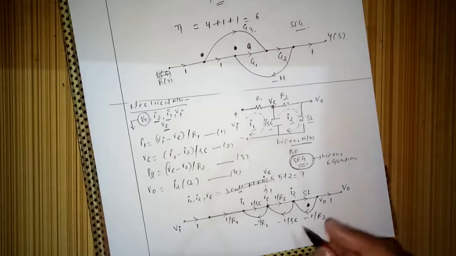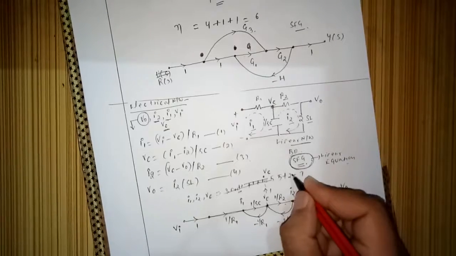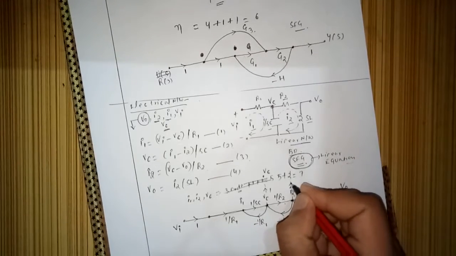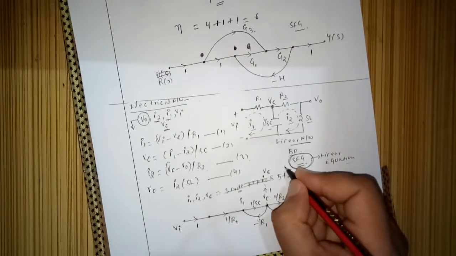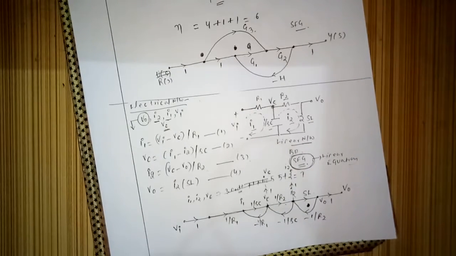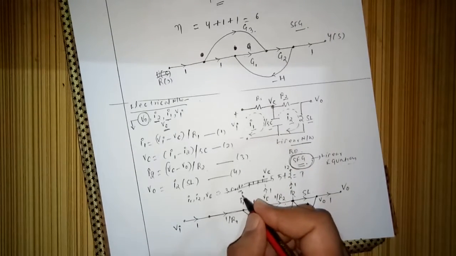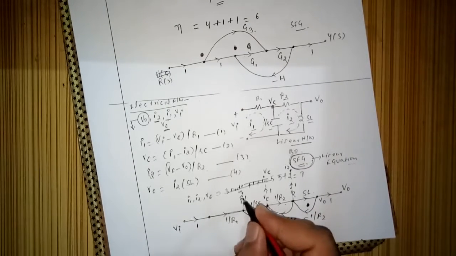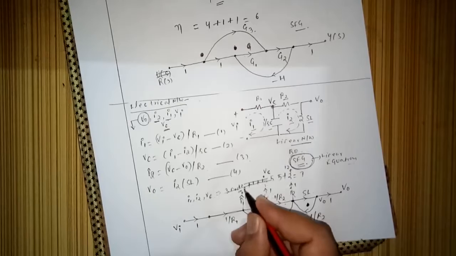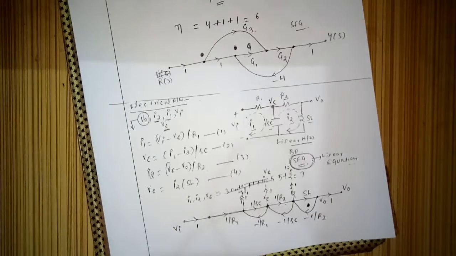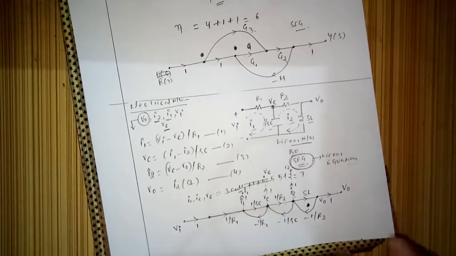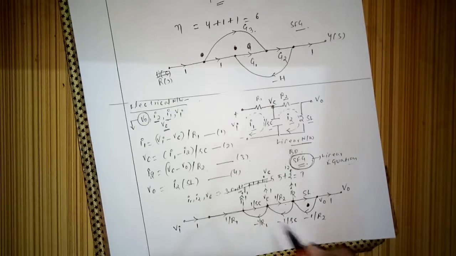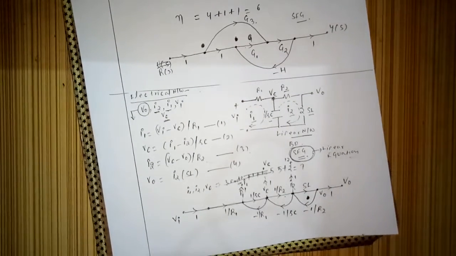If I want I2 as output, take gain as 1 and make it the I2 output. And if I want to make I1 the output, then take a unity gain branch and represent it as output, right? But this thing we cannot do with the input node. This can be done only with the output node.